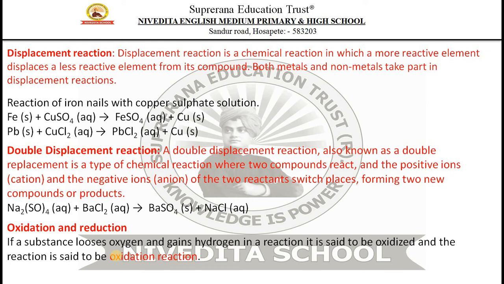Right. So if a substance loses oxygen or gains hydrogen in a reaction, it is said to be oxidized, and the reaction is said to be an oxidation reaction. Remember, whenever a substance loses oxygen or gains hydrogen, we call it an oxidation reaction.